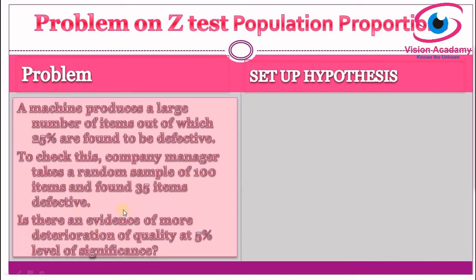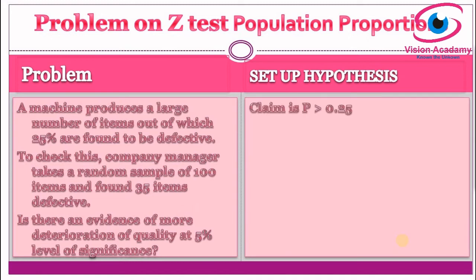Here I have copied the same problem. Here we want to test that the machine produces more defective items, that is, the proportion of defective items, capital P, is greater than 0.25. So our claim is P greater than 0.25. If you want to know how we are getting this, the claim comes from the population.